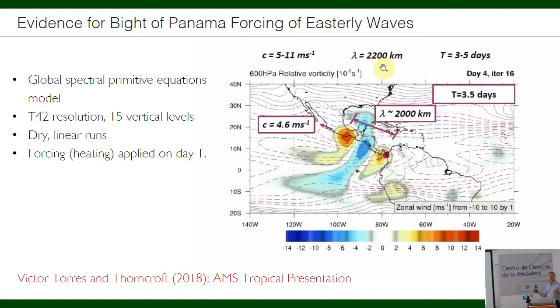In this dry model without any precipitation, just like over Africa, you can see the generation of tilted disturbances over the Eastern Pacific that look like easterly waves. So this is at least some tantalizing evidence that maybe the Bight of Panama might be a seeding region for generation of easterly waves over the East Pacific. I'll talk a lot more about this process in detail in the next several slides.